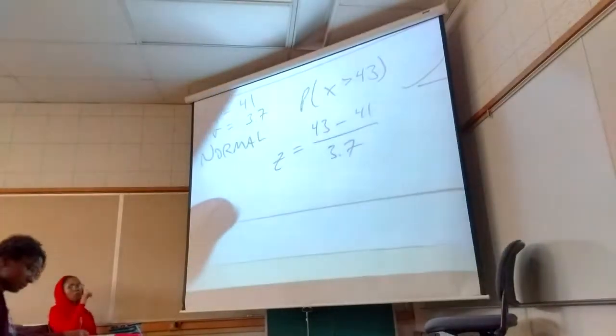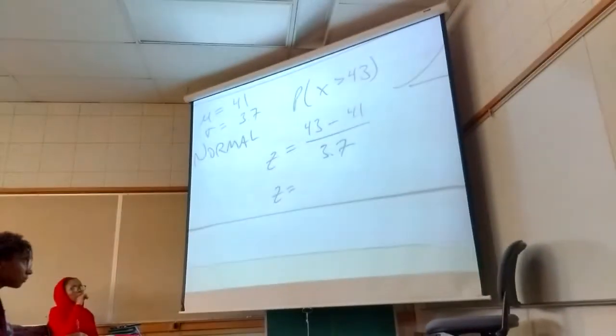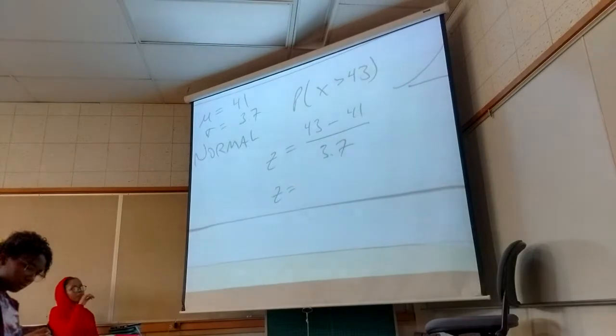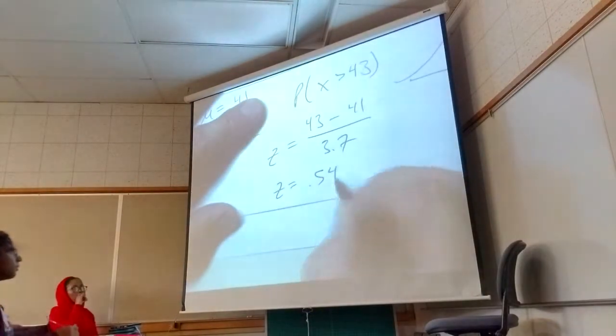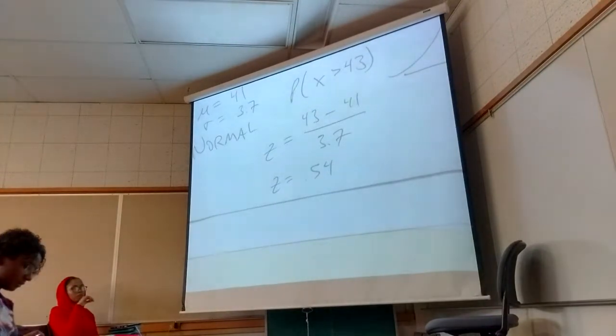I like it. 0.54. Why do I always round z-scores to 2 decimal places? Because the chart only goes out to 2 decimal places.